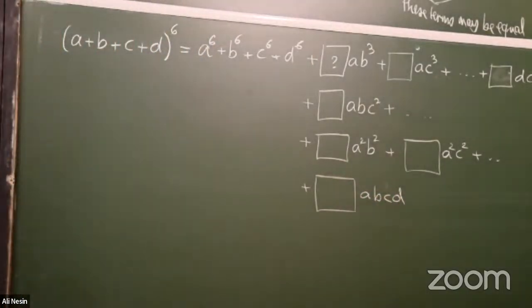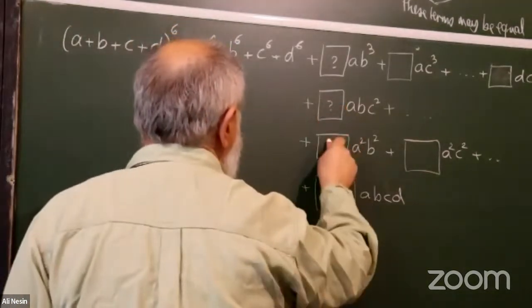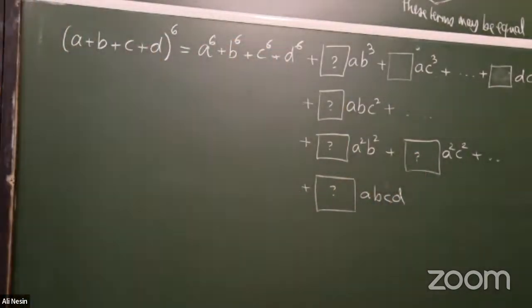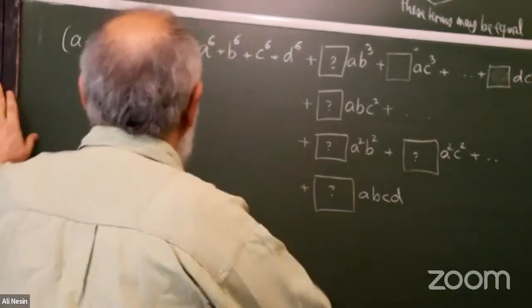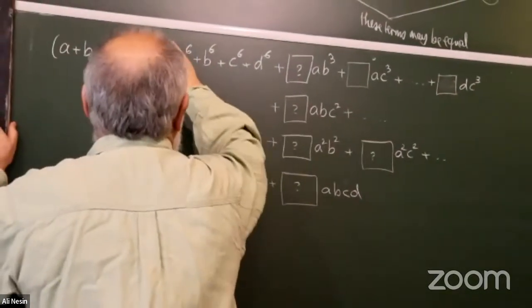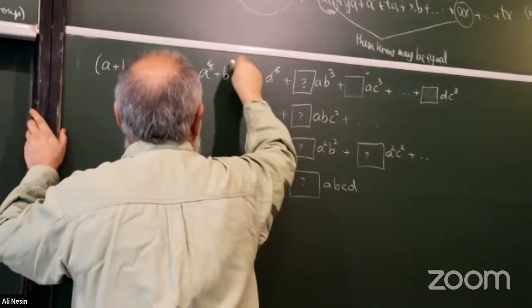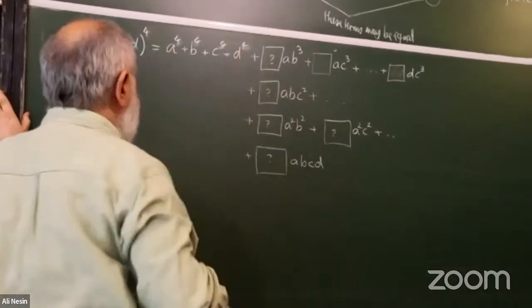So what are these coefficients? Oh, no, I'm sorry, this is 6. I'm sorry, I did this. Yes, let's do 4. Sorry, 4. Let's do 4. Six is too much.